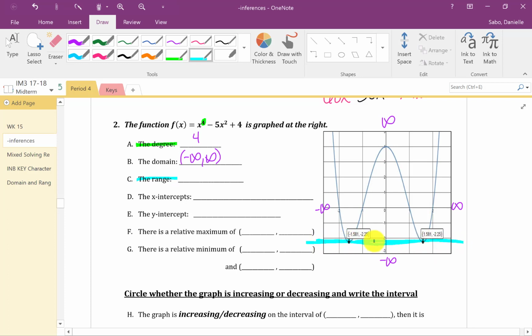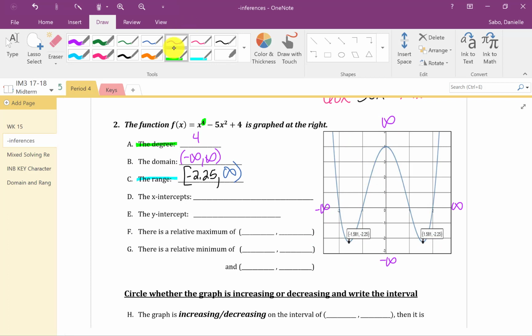I'm starting at negative 2.25. And I'm including it. And look in blue, it's going to keep going and going and going, and eventually it's going to go up to positive infinity. Okay, so range is bottom to top, and it's your y values, your y.